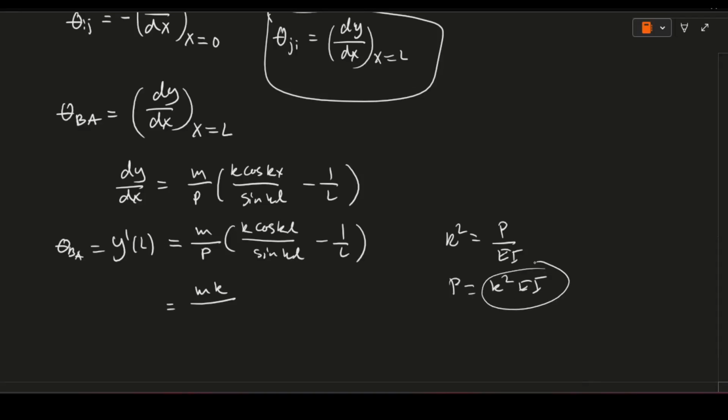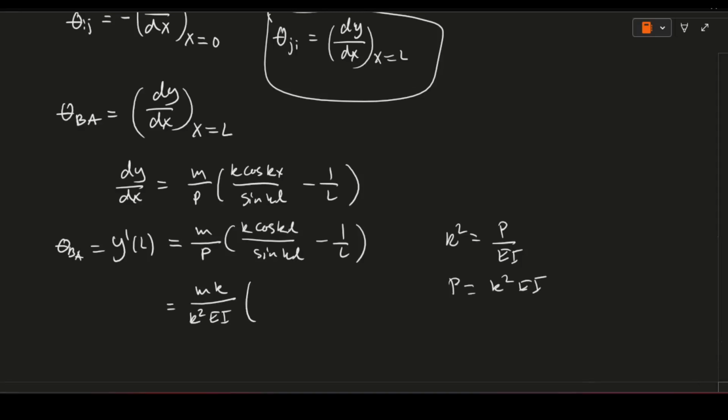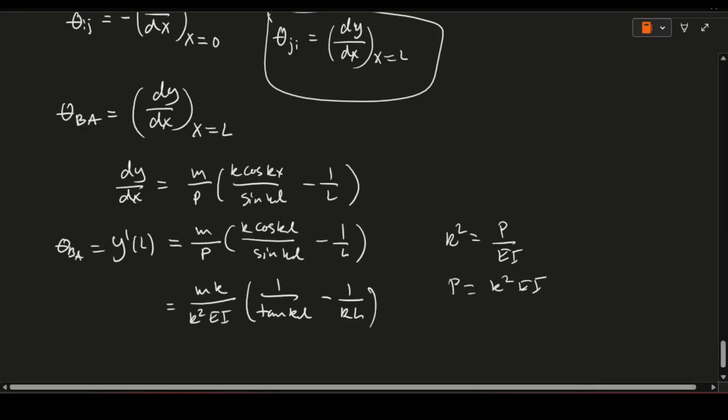I just want to insert this for P. K squared EI times cosine divided by sine kL, that is just 1 over tangent kL, minus 1 over, well, I have an L down here, and I factor out the k, so I have to divide by a k, kL.